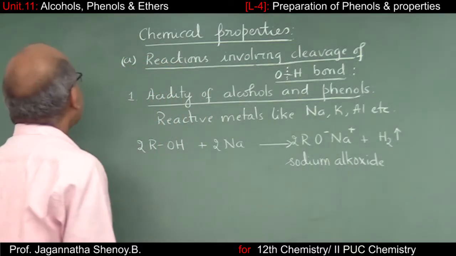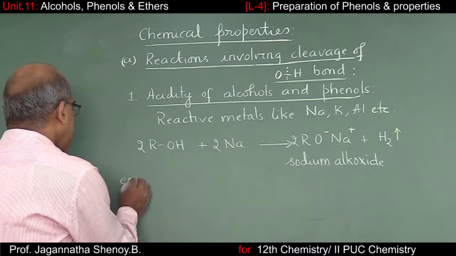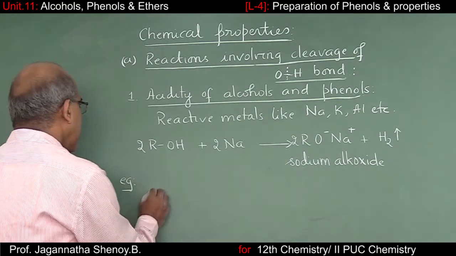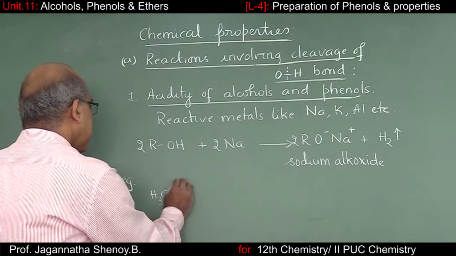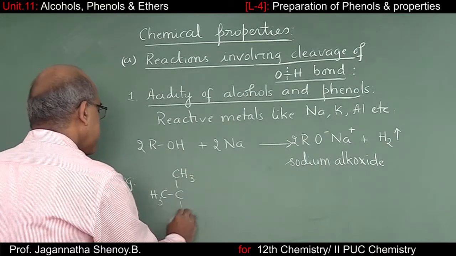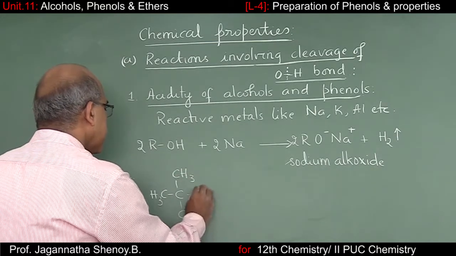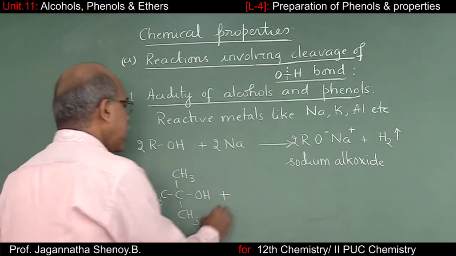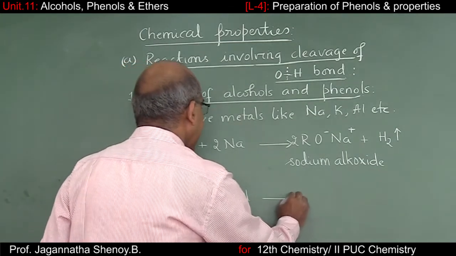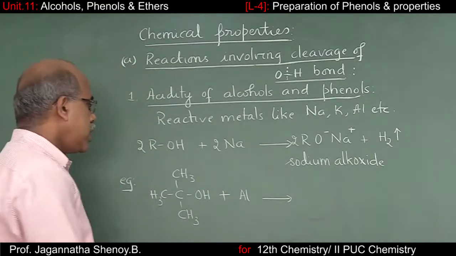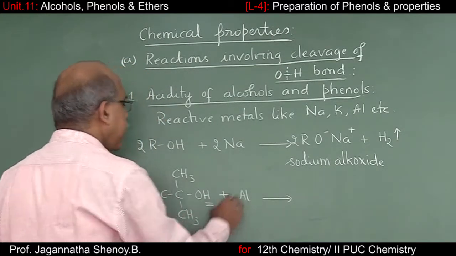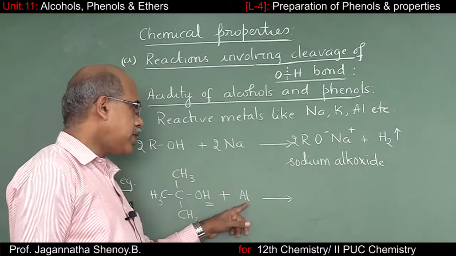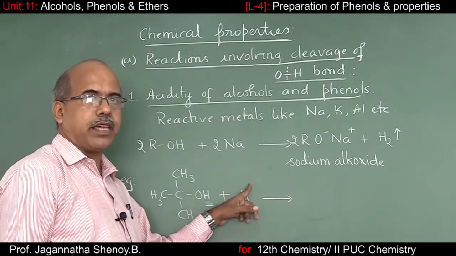Let us consider a specific example for this reaction. I start from tertiary butyl alcohol. I'll treat it with aluminium metal, Al. So this hydrogen has to be replaced by aluminium. And you know, the oxidation state or valency of aluminium is 3.